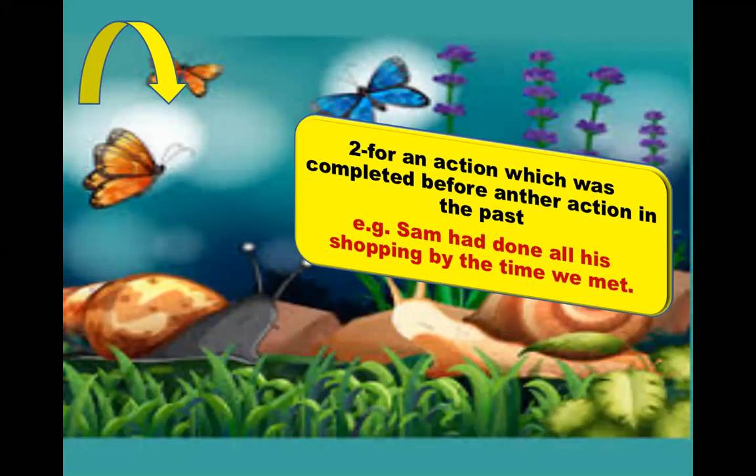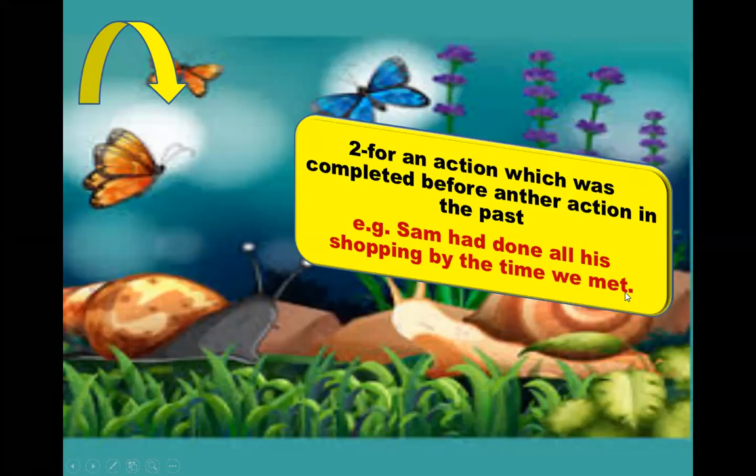When I'm talking about an action that happened and finished before another action in the past, I can use the past perfect tense. What is the form of the past perfect? Had plus the past participle of the verb. Like this example: Sam had done all his shopping by the time we met.